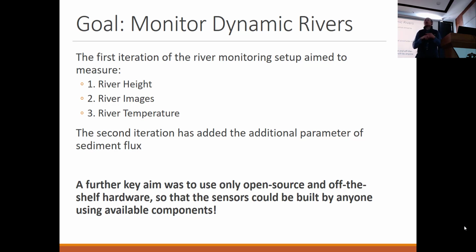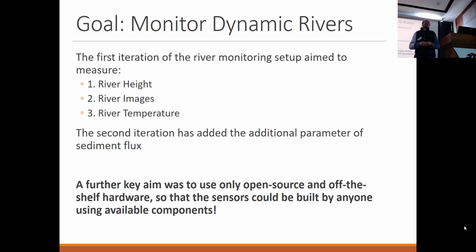The color of the river can tell you something about how much sediment is in the river. So the first iteration was to see, do these sensors survive also in the monsoon, in the rain? How do we really need to design the power consumption and things like this?